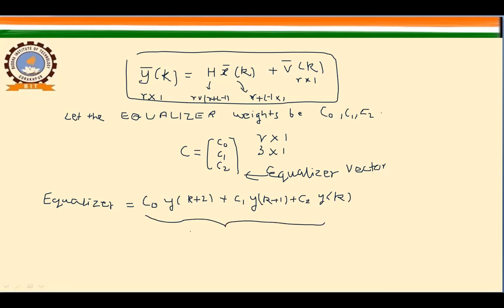So this is the weighted linear combination of y k plus 2, y k plus 1, y of k.